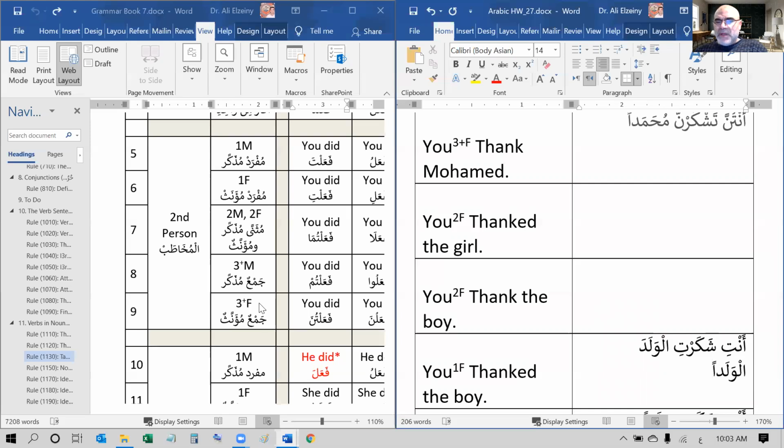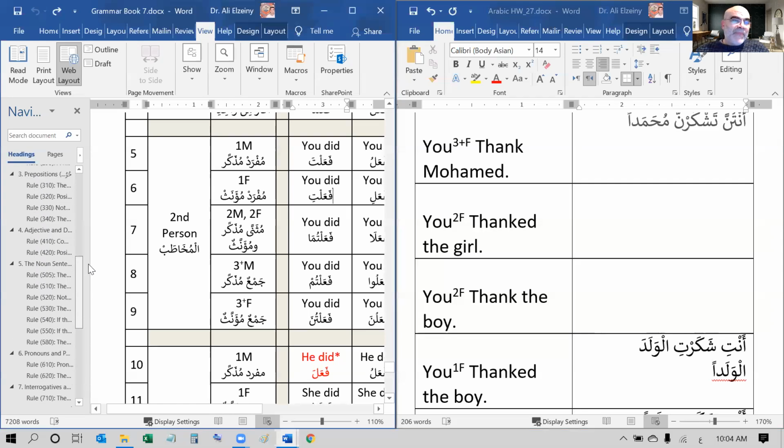However, these are part of the rules that keep it handy in your brain. Okay? So you don't have to go back and check the rules every time. You just keep it handy in your brain. Let's say you want to check on it. Then you go back here into the sarf.